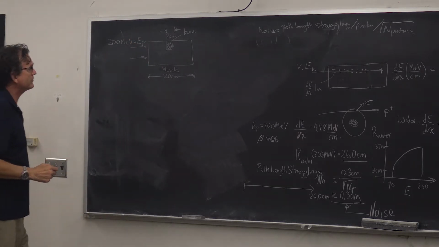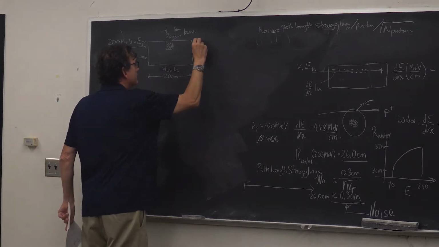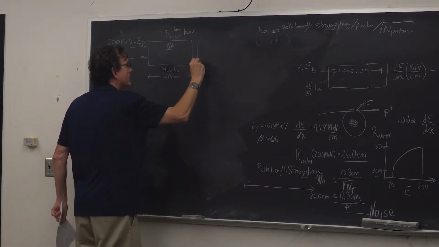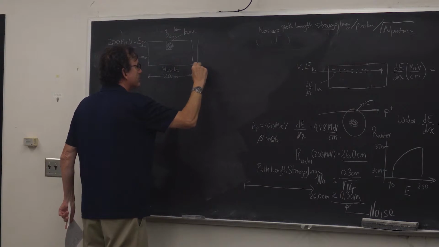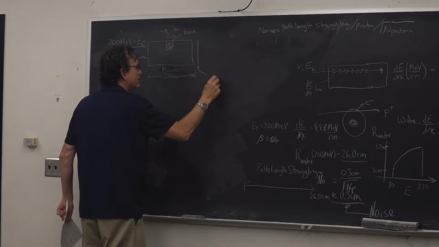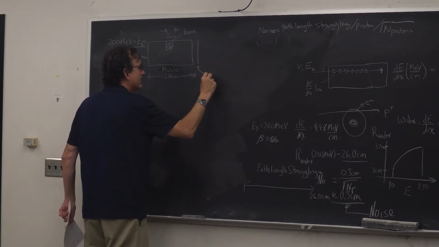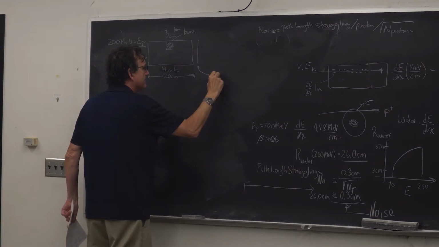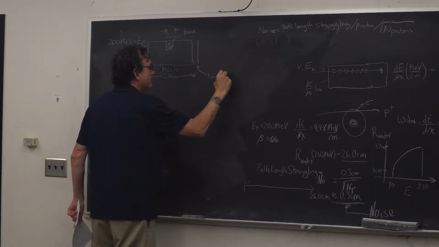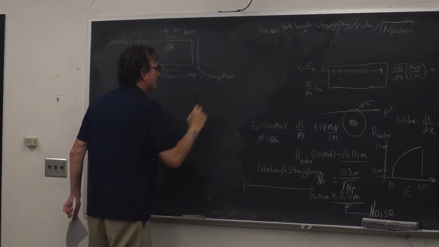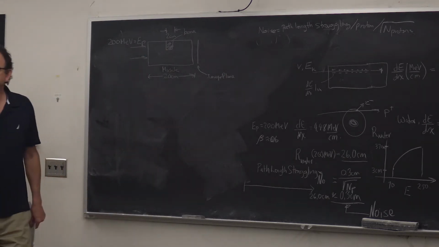What I'm going to do is I'm going to calculate the energy of the protons on the back surface on the recording plane. So this will be in my image plane. Right? Just like we did with X-rays. Right?